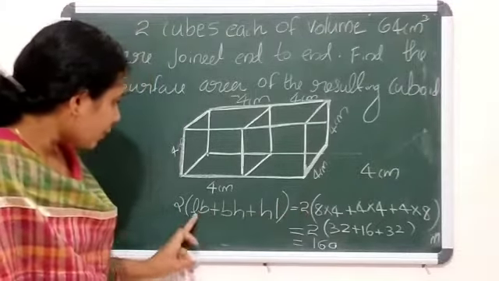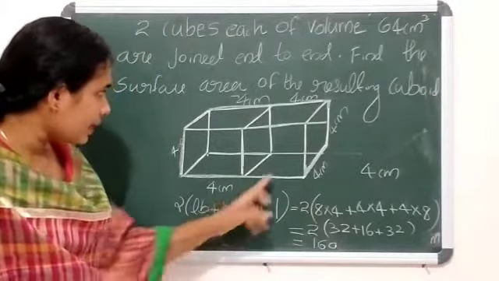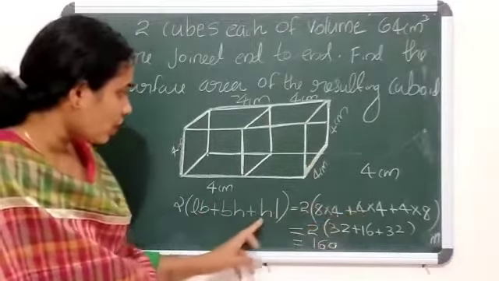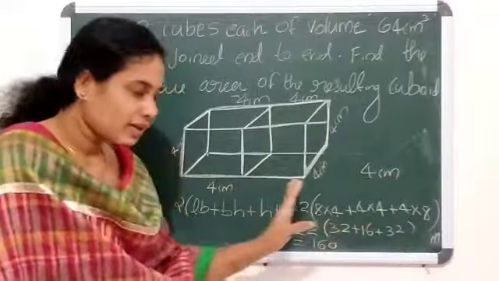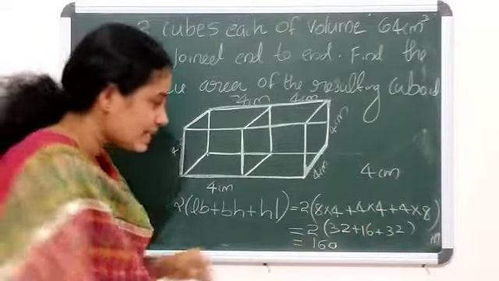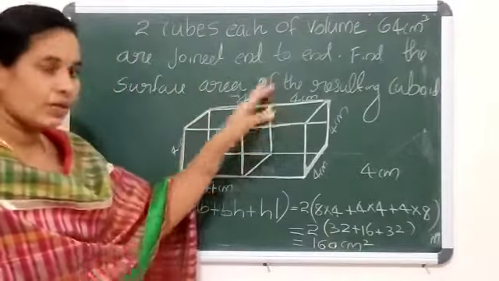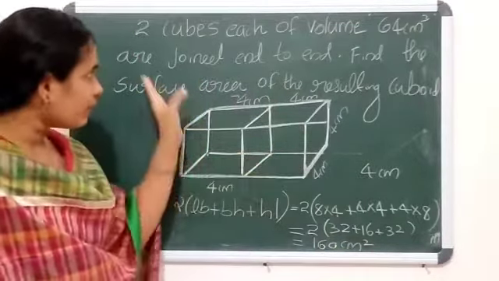So 2 into L is 8 here, and B breadth is 4, plus B into H, that is 4 into 4, plus H into L, 4 into 8. After computation we will get 160 centimeter square is the surface area of the new cuboid when we join two cubes together.